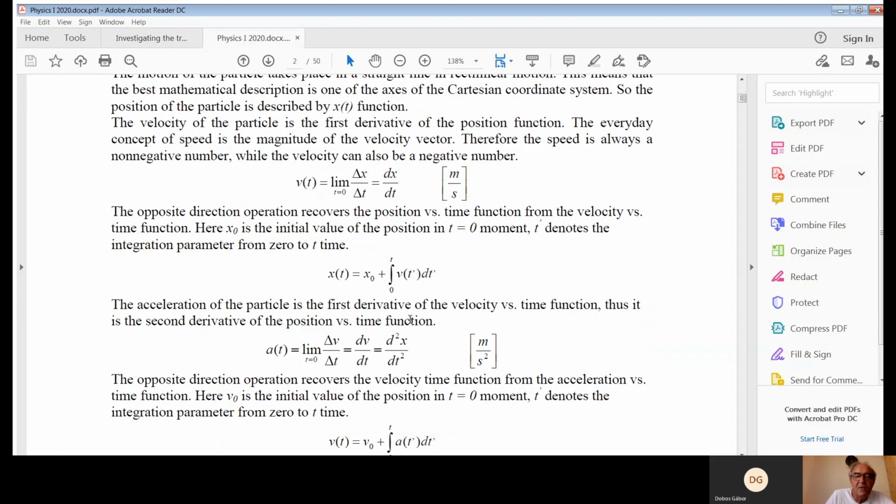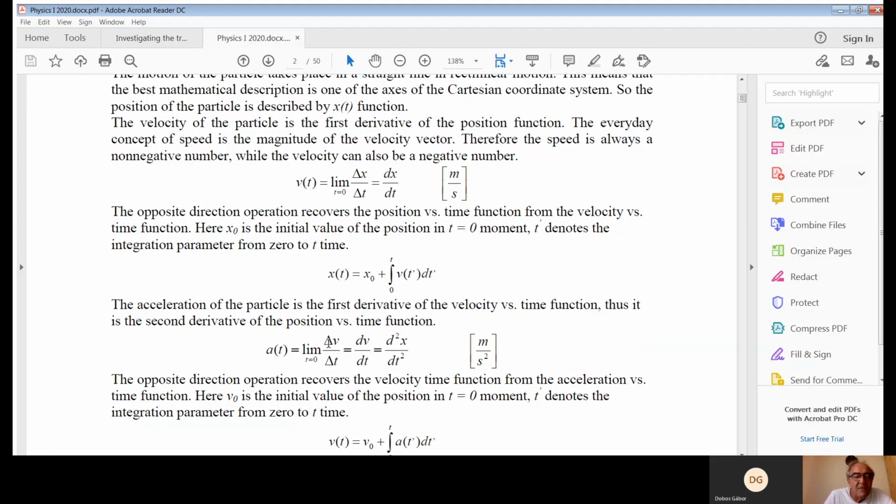But I hope this is known for most people or almost everyone, because we will be using these things frequently. So the acceleration of a particle is another operation, one more differentiation. So the derivative of the velocity versus time function is the acceleration.